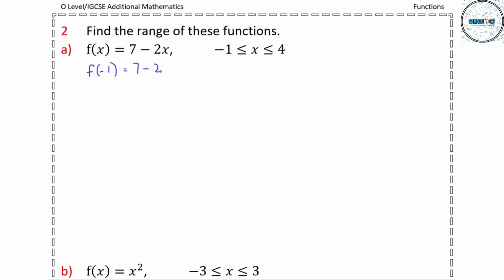By substituting -1, we will get 9. Then we will substitute 4 here. By substituting 4, we will get -1.